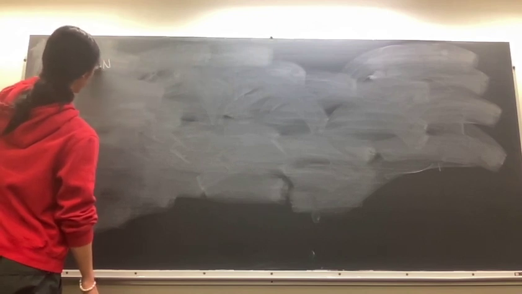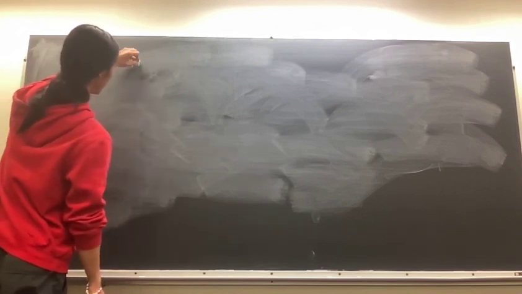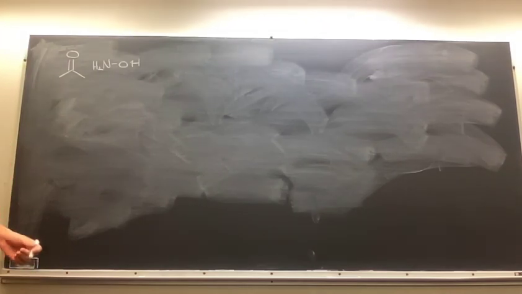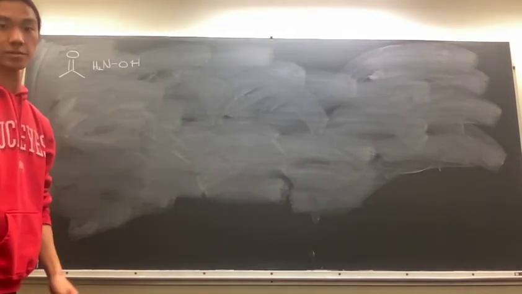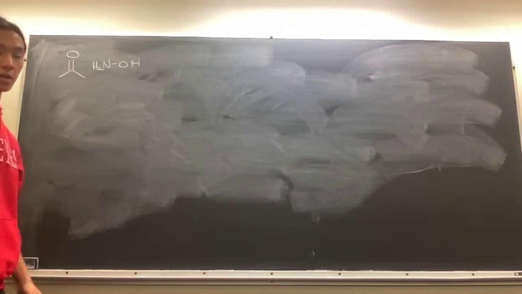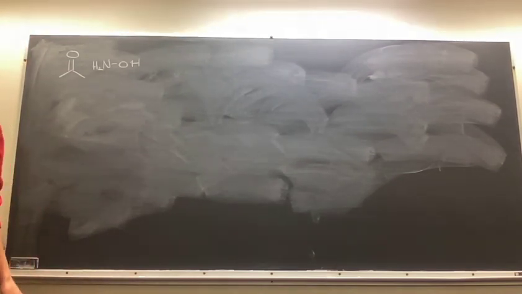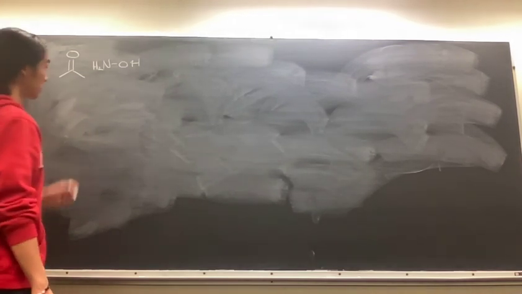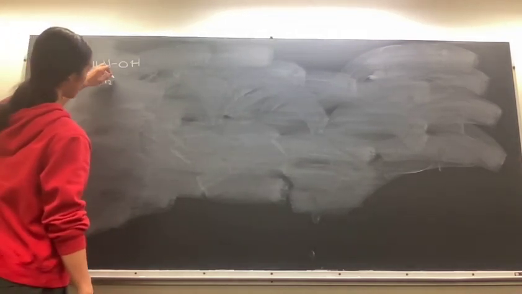An oxime, something of this form, has a hydroxyl on it, so not too different from just a regular amine nucleophile. You can honestly think of it as quite the same thing. Same with hydrazine.